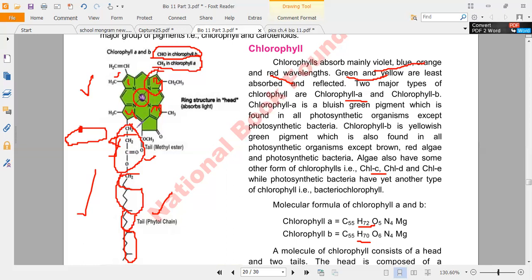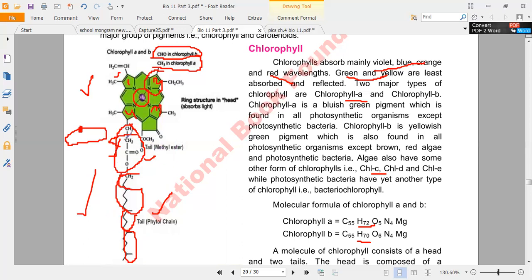Then the second tail is attached between the 3 and 4 fourth ring, that is the pyrrole ring, and it is attached with methyl, so that is called the methyl ester tail.